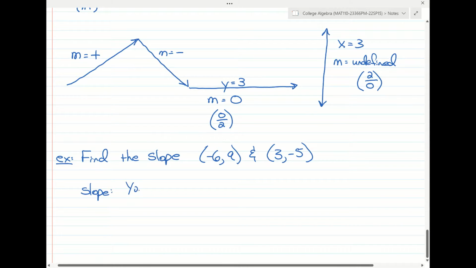Slope formula says we subtract the y values over we subtract the x values.